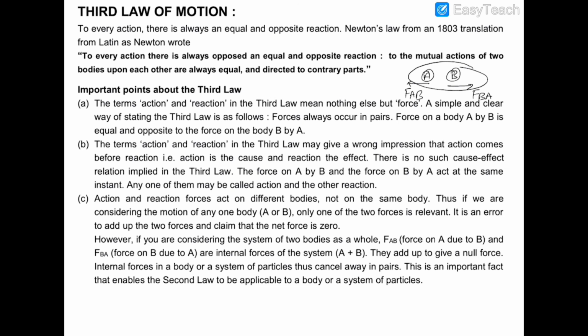These forces act on different bodies, A and B, so we cannot say that the net force on A is 0 and the net force on B is 0. But we can say that the net force on this system is 0, because these two forces are part of a single system, and when they sum up in the system they cancel out with each other, because they are in opposite directions and equal in magnitude.